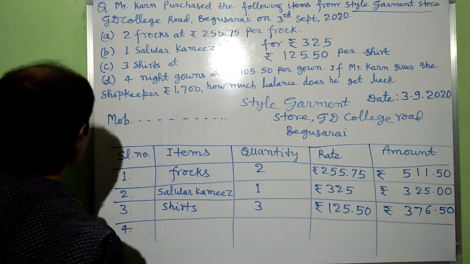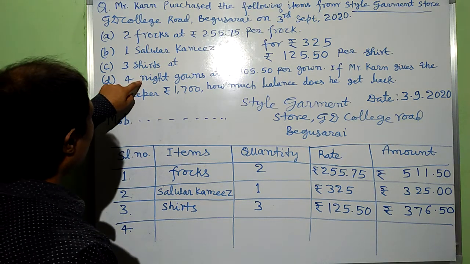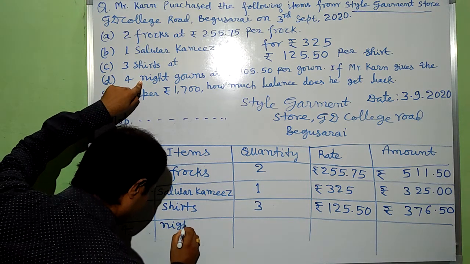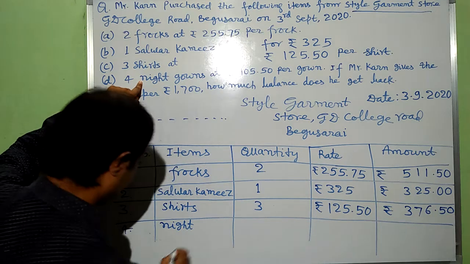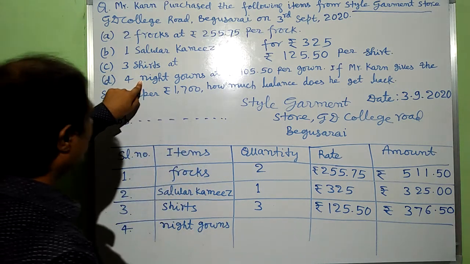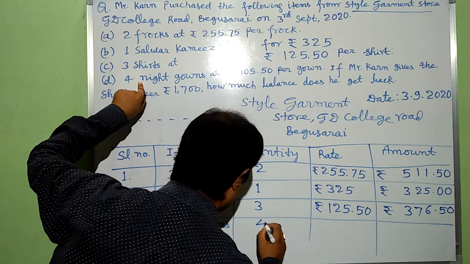Fourth item, night gowns. Quantity is 4.